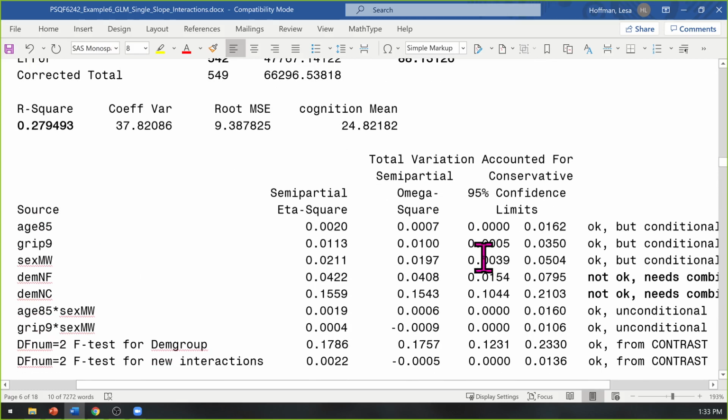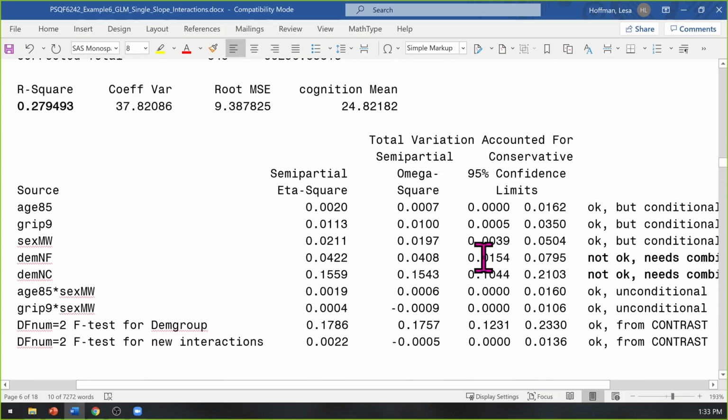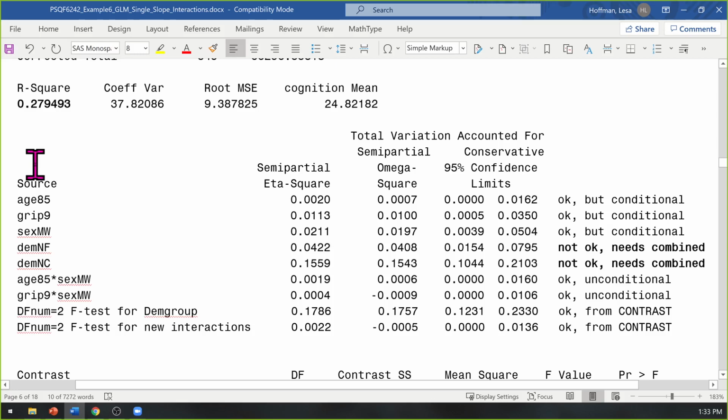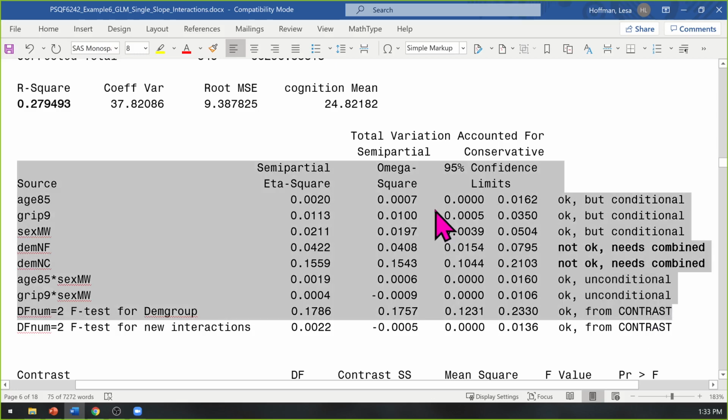All right, so this table here is something that Stata does not provide for you directly. These are effect sizes and semi-partial eta squares. Do you remember what those are? No? Effect sizes? They are effect sizes, but what do they mean?